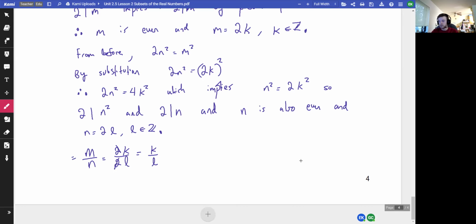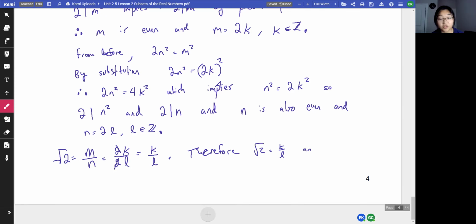But I think we just showed that root 2 is equal to, therefore, root 2 is equal to K over L. What can we do again? Do it all over again. And root 2 is equal to K over L, dot, dot, dot. We have a contradiction.